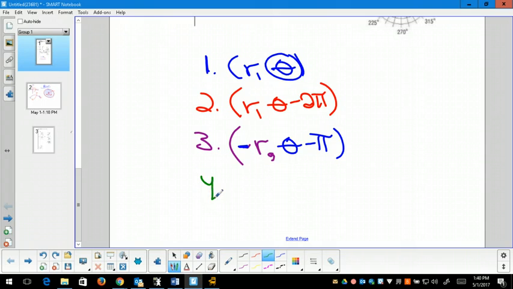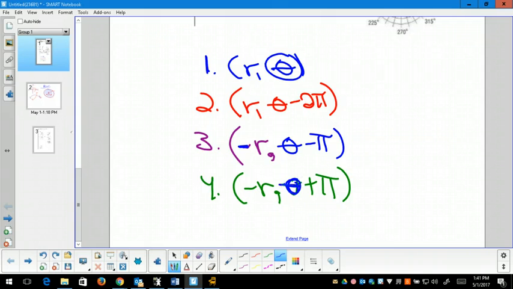And then the fourth way that you could express that point, I guess I could have done this: the opposite of your radius, theta plus pi. Honestly, 3 and 4 can be interchanged, because either way they're pi units away if one has a positive radius and one has a negative.